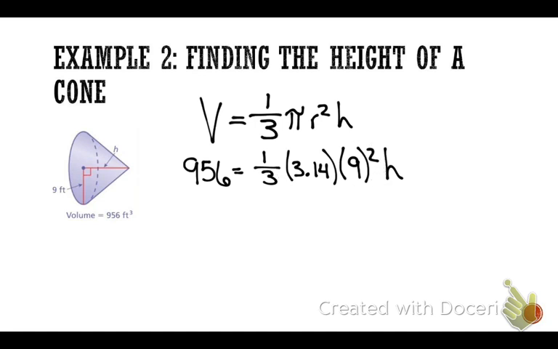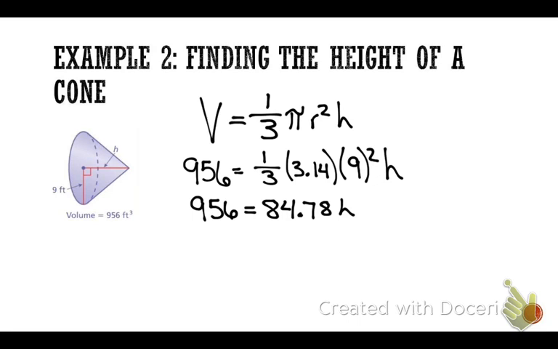So what is 9 squared? Is it 18 or 81? It's 81. So 3.14 times 81, and then divide that number by 3. That gives 84.78 h.